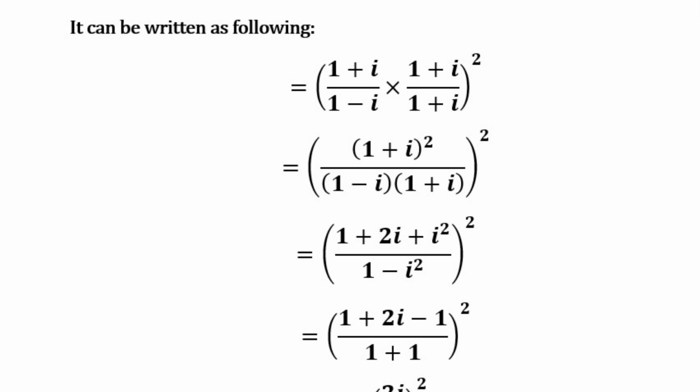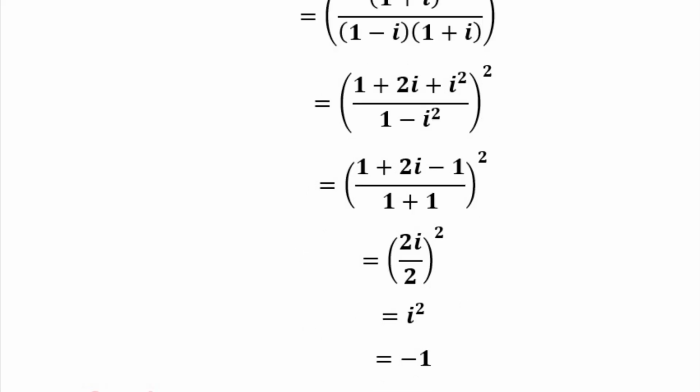We will open the square in the numerator and we will get 1 plus 2 iota plus iota square. Similarly, we will multiply 1 minus iota and 1 plus iota. We will get 1 minus iota square. Then we will get 2 iota over 2, whole square, which is iota square. Iota square is again equal to minus 1.